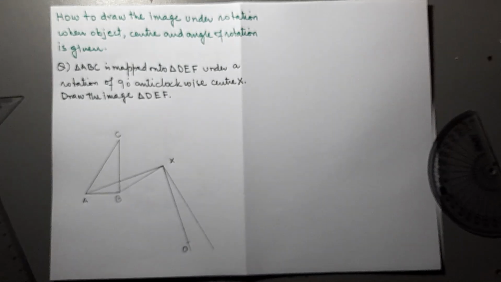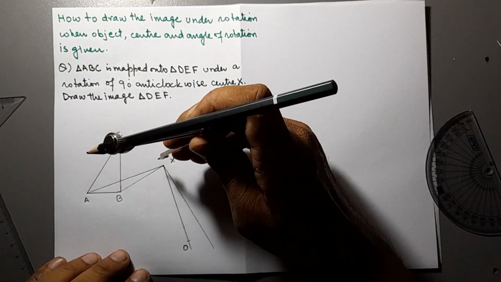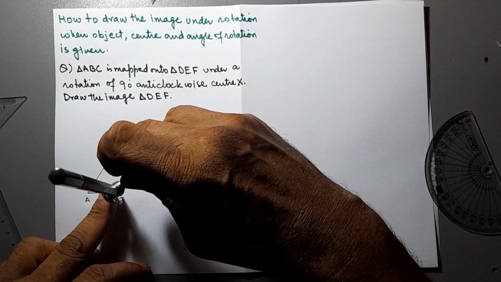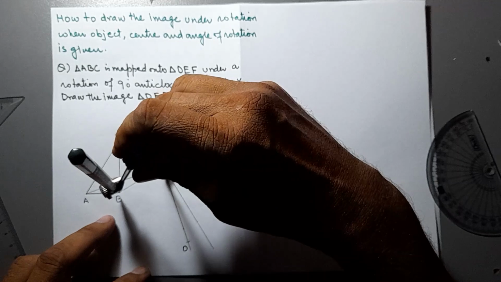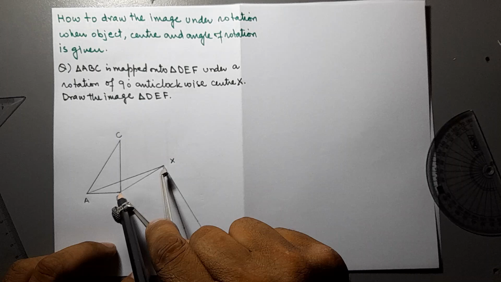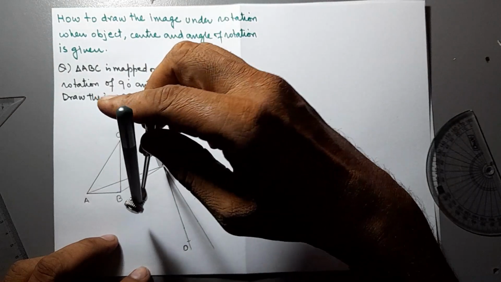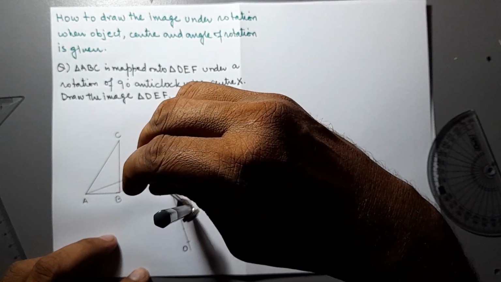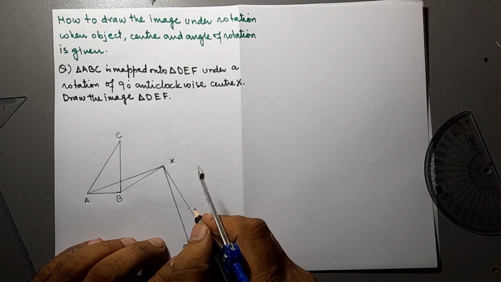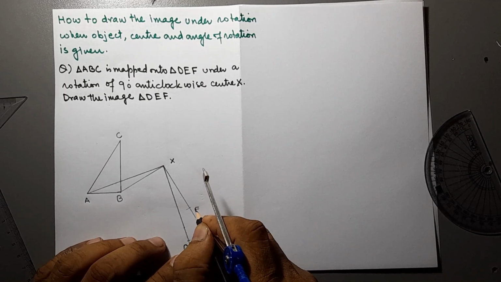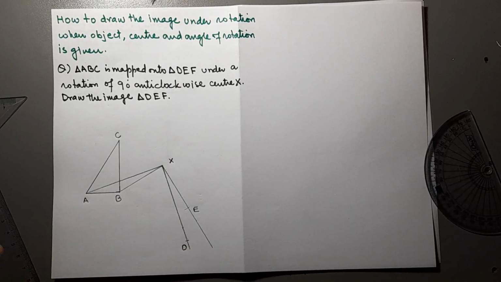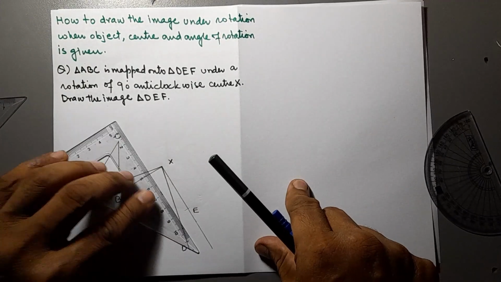The distance of the object remains the same after rotation. This one is the distance of X from B. After rotation, the distance will remain the same. This point is E, which is the image of point B.